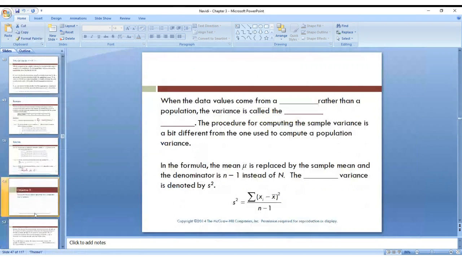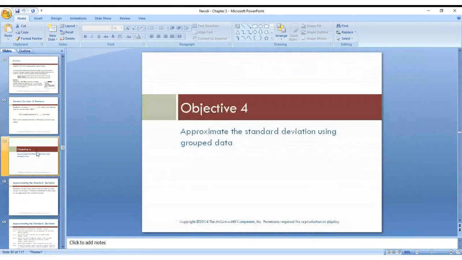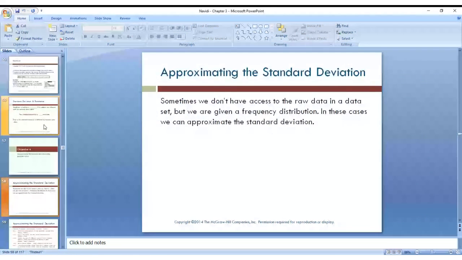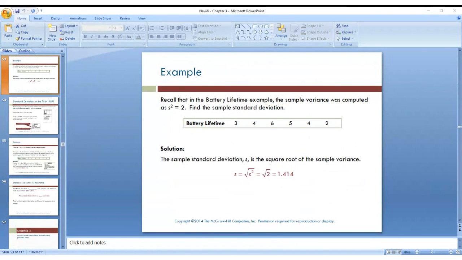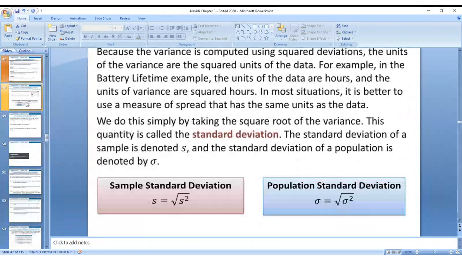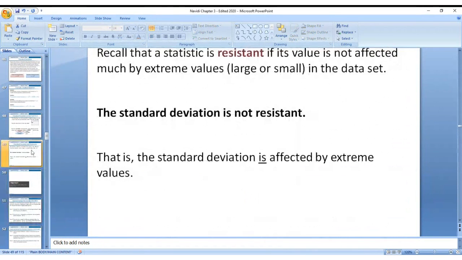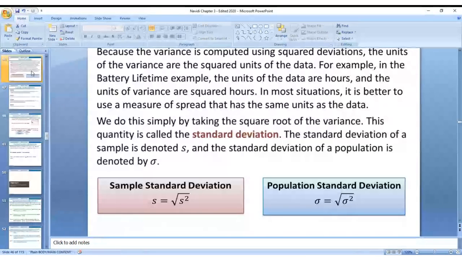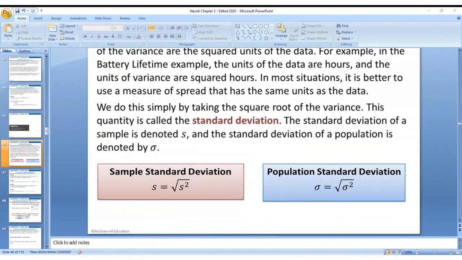Let me give you a little graphic here. We're going to look at something in a second called the sample standard deviation, and there's one slight difference.